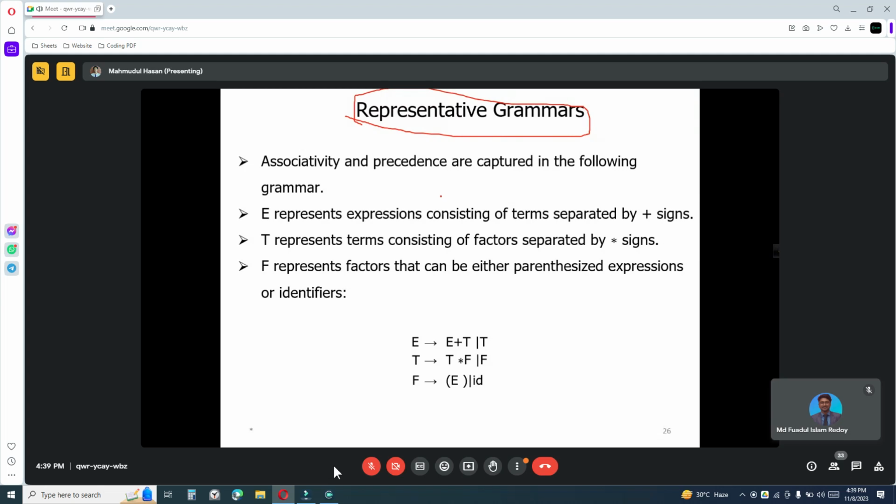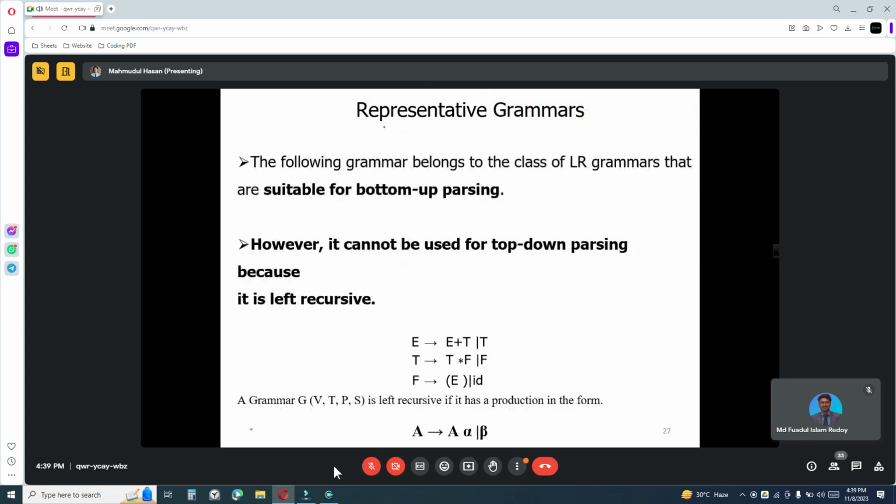Okay, just a minute. So now our concern is left recursion. We know that there are two types of parser: top down parser and bottom up parser. Top down parser goes from root to bottom, that means root to leaves. And bottom up parser means leaves to root.